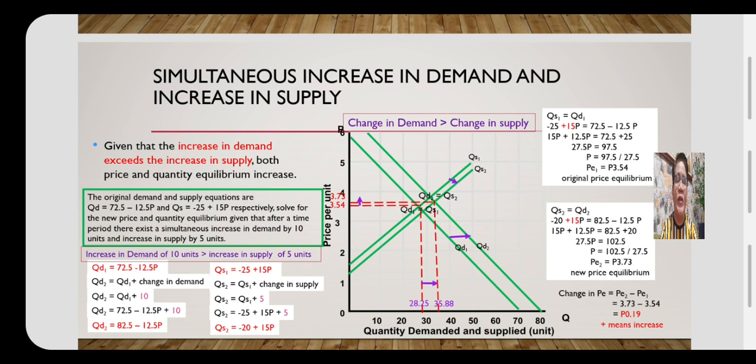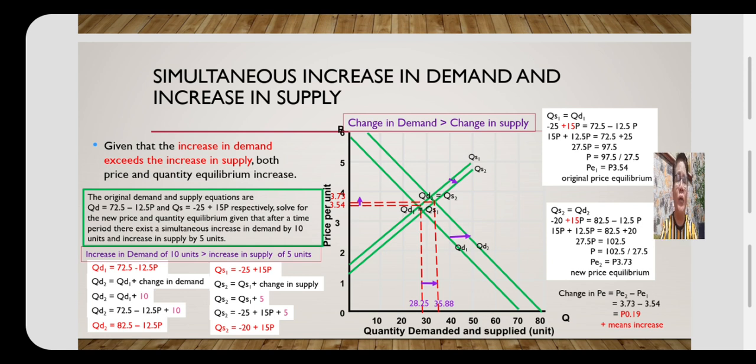And because QD sub 1 is 72.5 minus 12.5p plus 10, then we can now have QD sub 2 equal to 82.5 minus 12.5p. So now we have the new demand equation of 82.5 minus 12.5p.